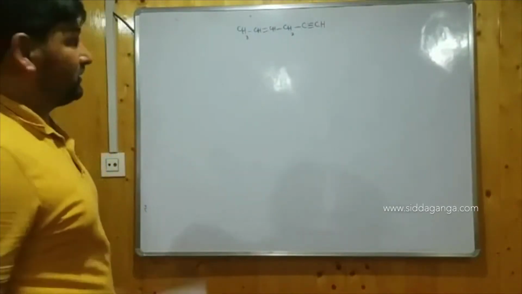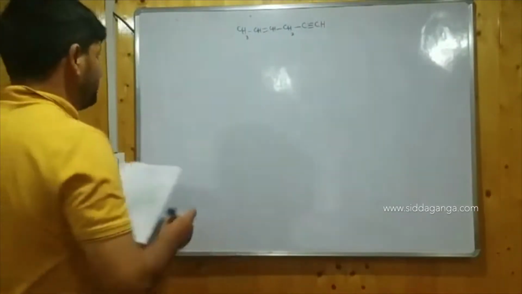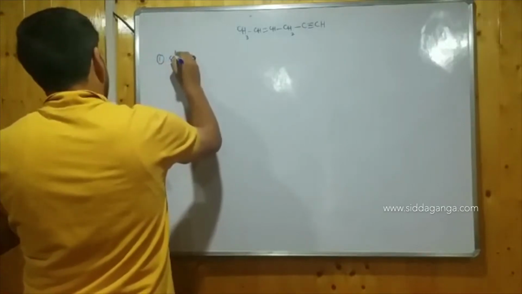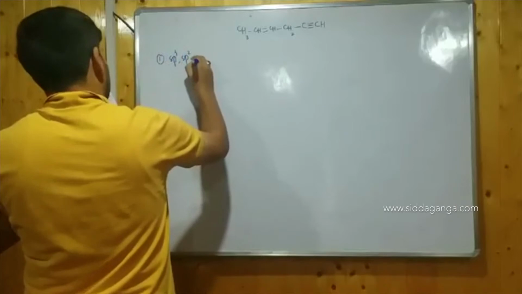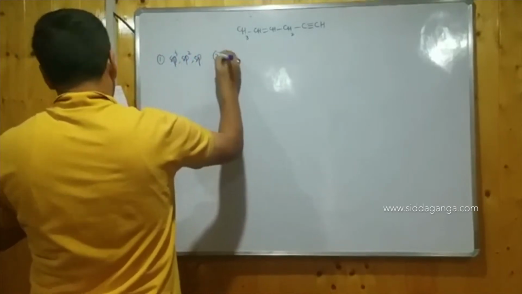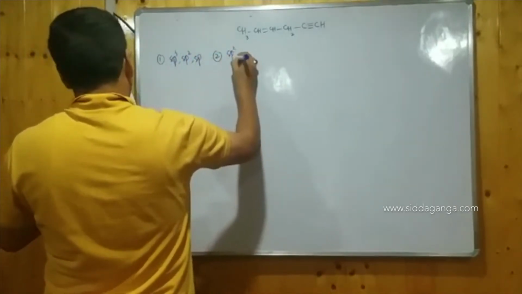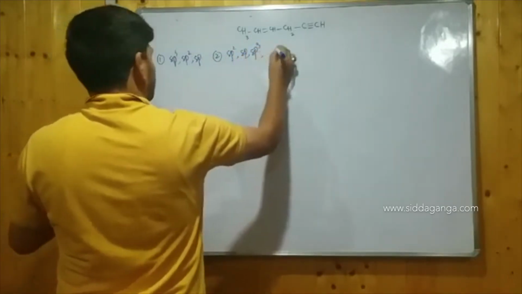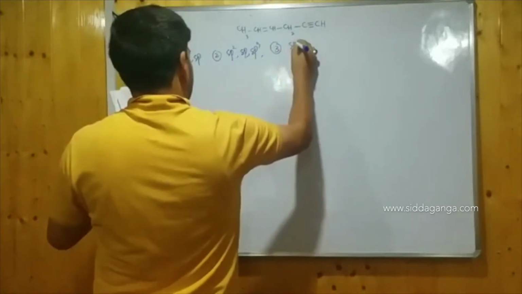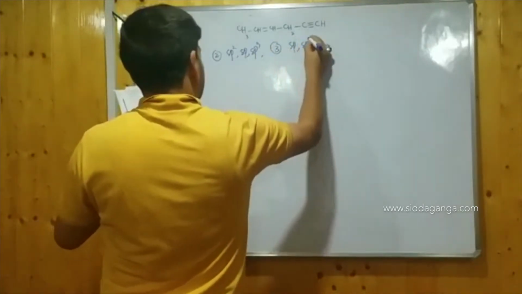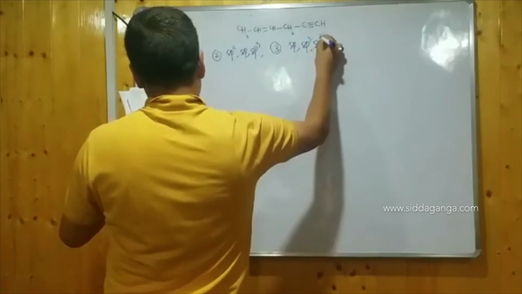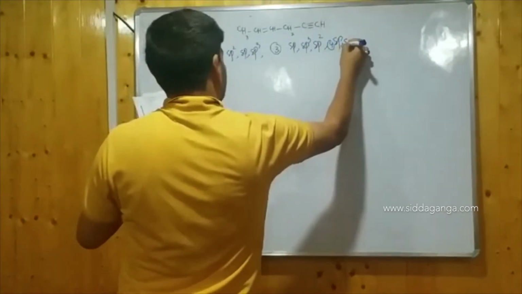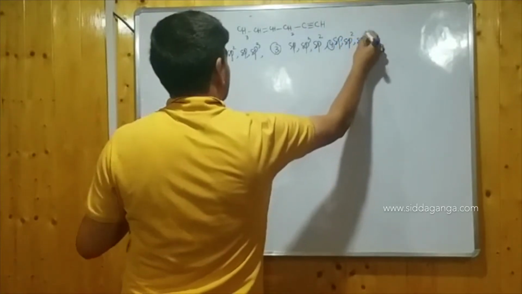Options for you are: option 1, sp3, sp2, sp. Option 2 is sp2, sp, sp3. Option 3 is sp, sp3, sp2, and the fourth option is sp, sp2, sp3.